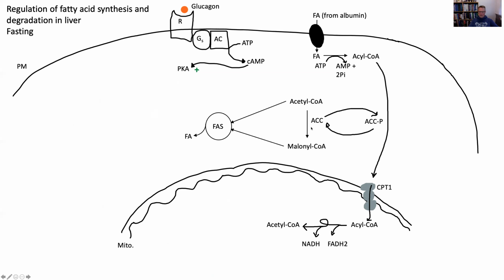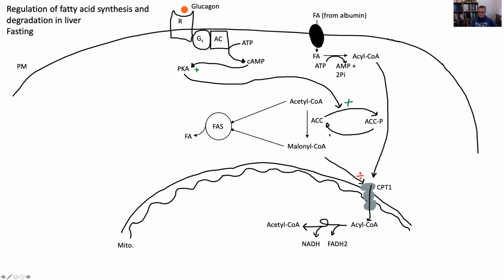So acetyl-CoA carboxylase can be inactivated by phosphorylation, and this phosphorylation can take place by the activity of protein kinase A. So once protein kinase A phosphorylates acetyl-CoA carboxylase, the enzyme will become inactivated.